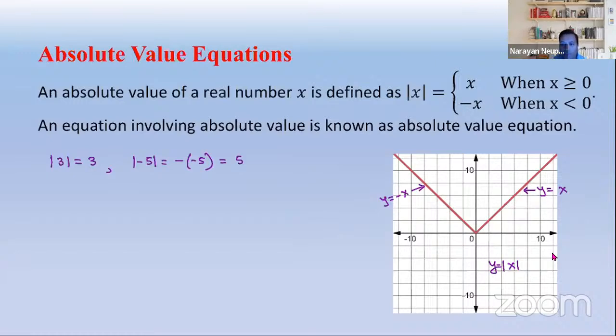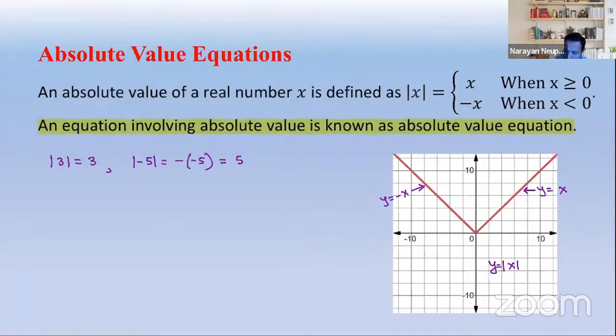Now, one thing to know here, because we are exploring the equation: if you see any equation involving the absolute value, then that is called an absolute value equation. An equation involving absolute value is known as an absolute value equation.